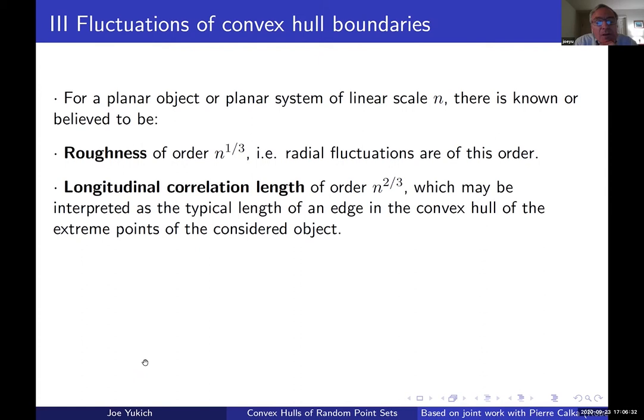In other words, the radial fluctuations are of this order, meaning that the width of the minimal annulus containing this boundary should be of the order n to the 1/3. And the longitudinal correlation length is of order n to the 2/3. And this can be interpreted, by the way, as the typical length of an edge in the convex hull of the extreme points in this planar object.